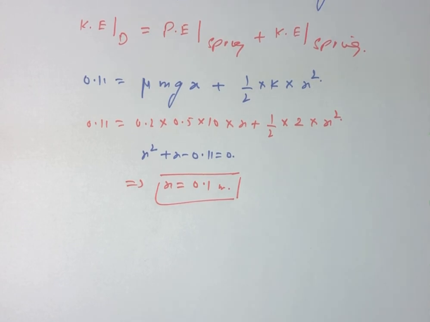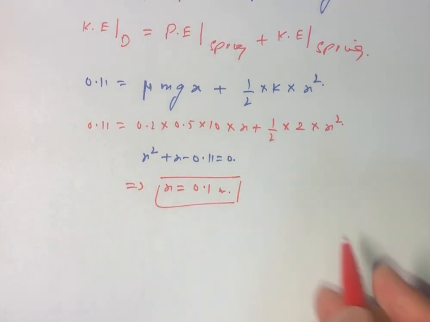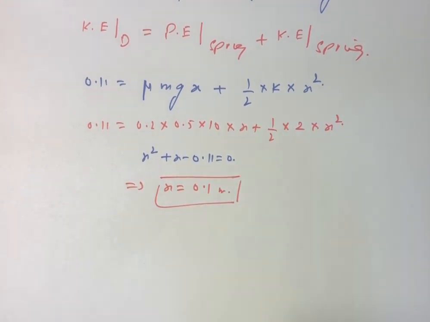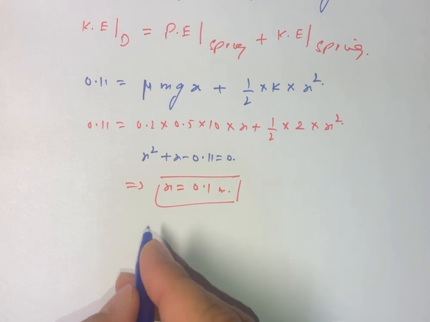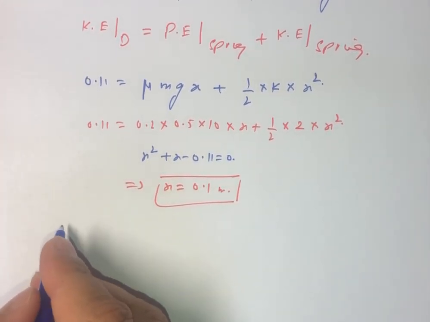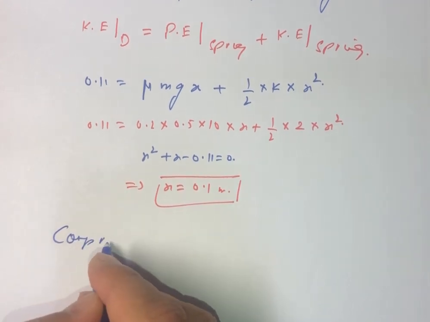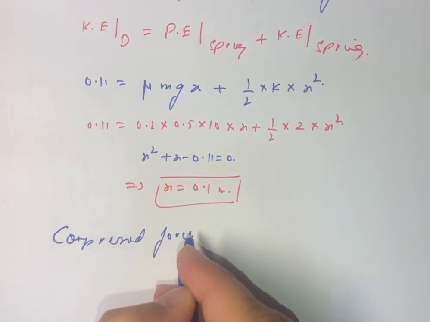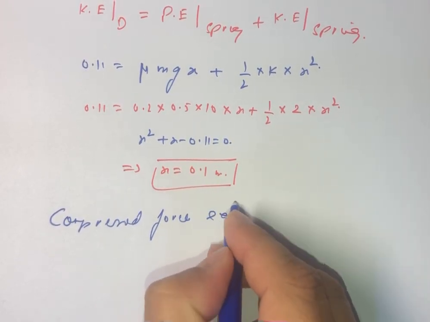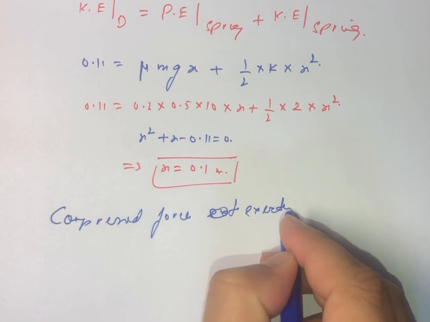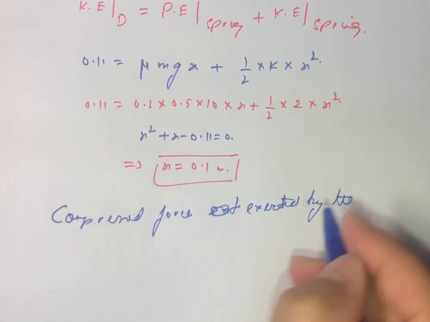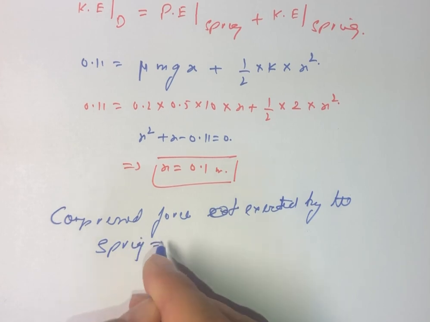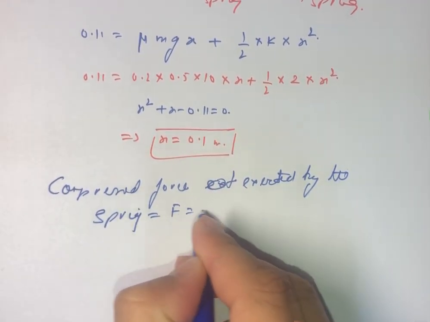Now let us find the force exerted by the compressed spring, and then make a comparison with the limiting friction. The compressed force exerted by the spring is F equal to kx.